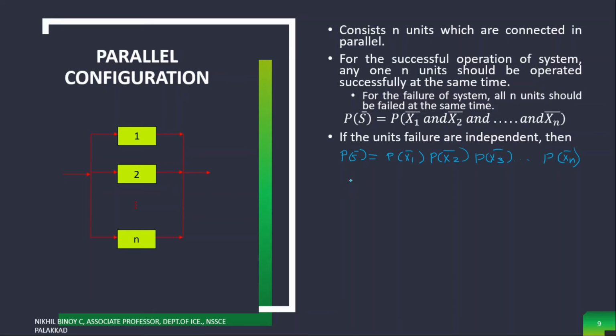Please note x1 bar and x1 are mutually exclusive, right? So what about P of x1 bar? P of x1 bar is 1 minus P of x1.